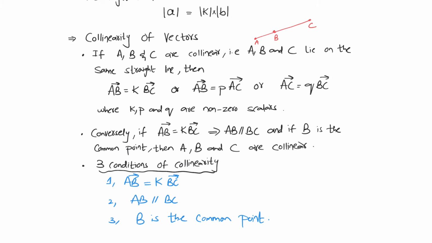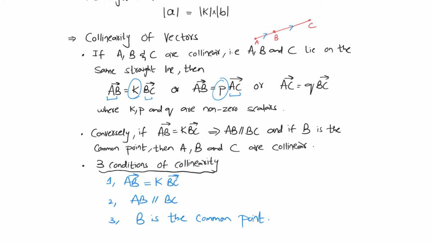And if we talk in terms of vectors, vector AB, vector BC and vector AC are going to be parallel vectors. And if the vectors are parallel, I can represent vector AB in terms of vector BC by some scalar value. I can represent vector AB in terms of vector AC by some other scalar value.